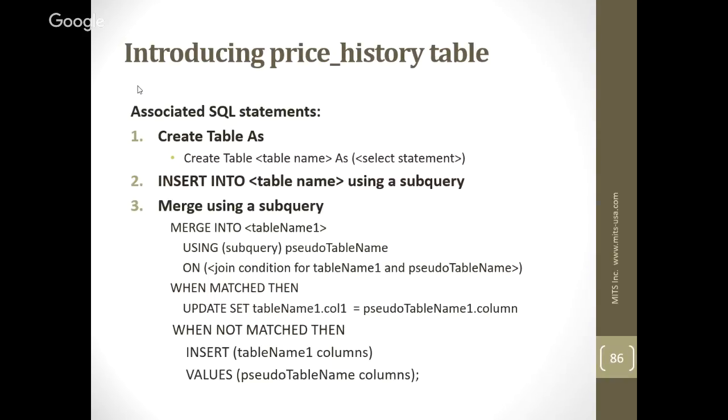When matched, then do an update. When not matched, do an insert. There's a lot of moving parts in the structure of this merge statement. So the key outline is merge into using, some type of join condition, when matched, when not matched. When not matched, we do inserts; when matched, we do updates.